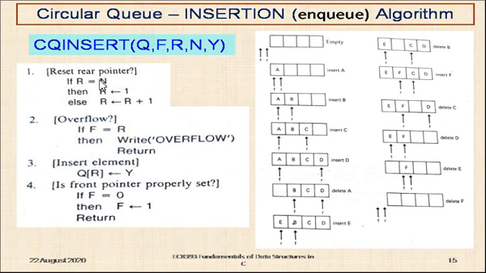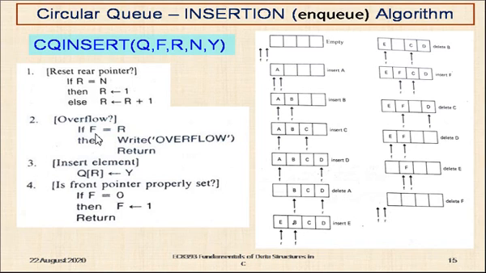Okay, the condition is satisfied, so the rear pointer is placed at the first location. This is not happening in the linear queue insertion operation. Got the point or not? So now, since r is equal to n, that is both are 4, it keeps the rear pointer at the first location. R is equal to 1 now, right?